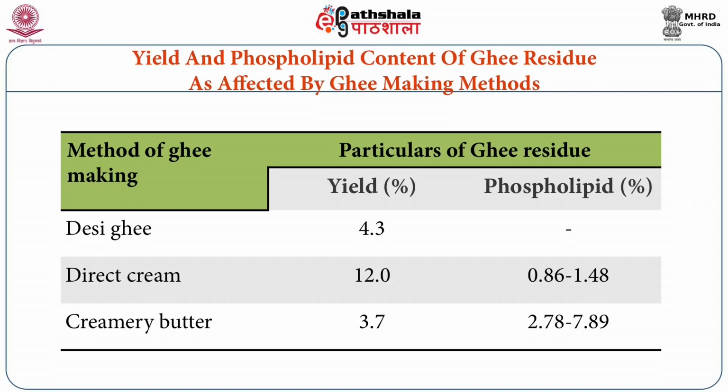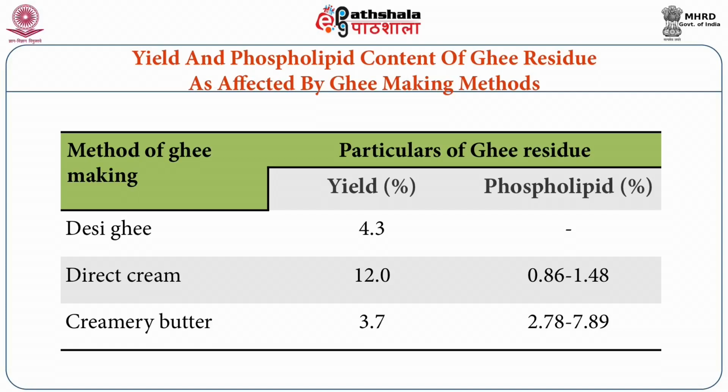So if you correlate your previous ninth slide of recovery with this slide, you can see with the direct cream method, the yield has been highest, 12%, because probably a higher fat cream was taken here for ghee making.